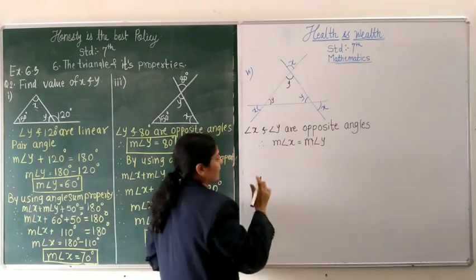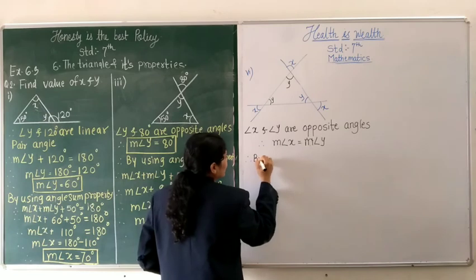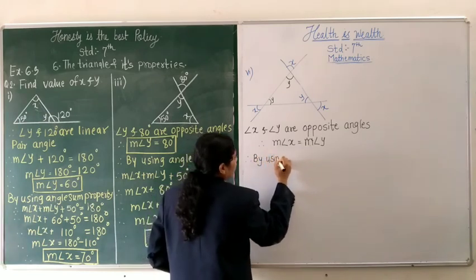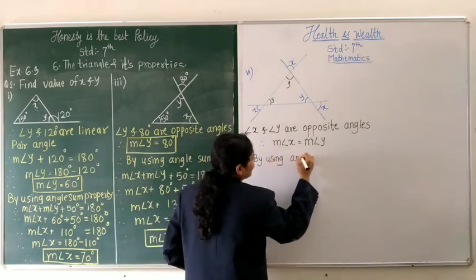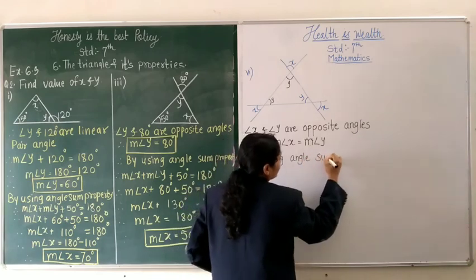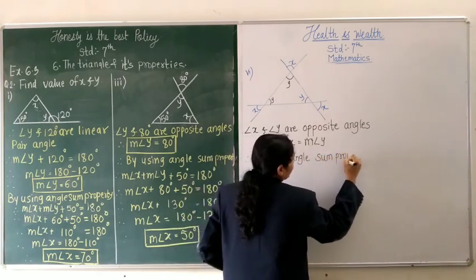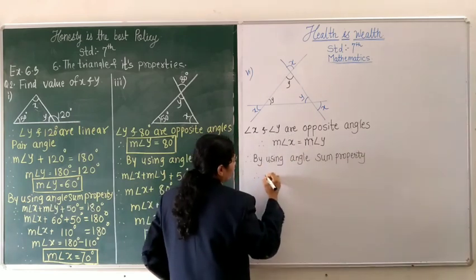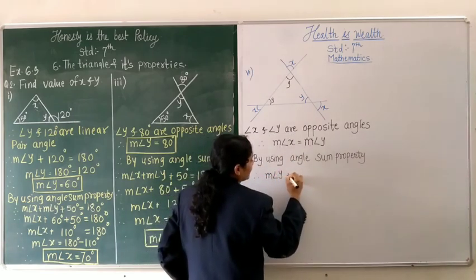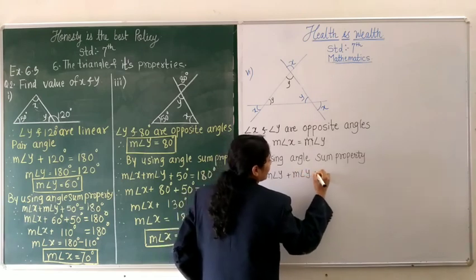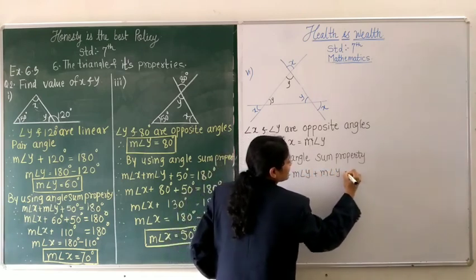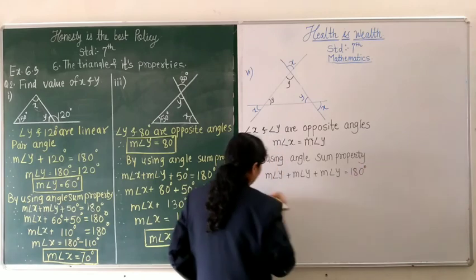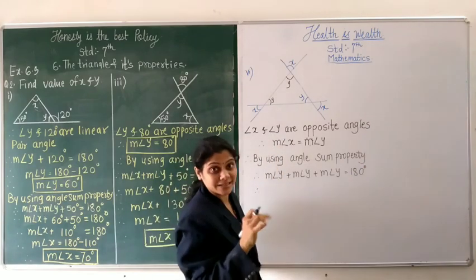All these are y. So therefore, by using angle sum property, measure of angle y plus measure of angle y plus measure of angle y is equal to 180 degrees. So how many angles are there? 3.